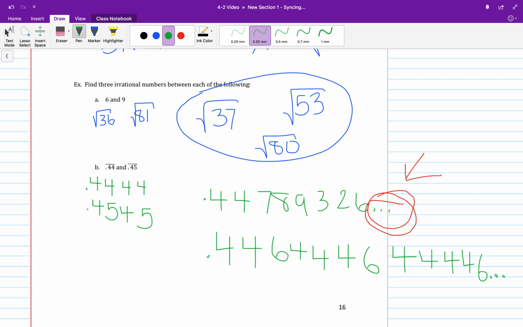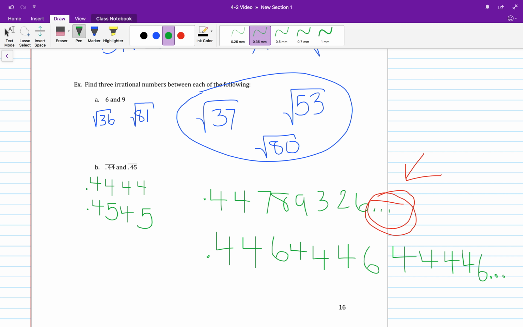Now, this technically is an irrational number. You might say, but it looks like a pattern, just like the things that are underneath my repeating bar right here. But I can't repeat this. If it's 4, 4, there's no 6. If it's 4, 4, 6, right here, this isn't 4, 4, 6. It's 4, 4, 4, 6. And if you say, well, this 4, 4, 6 is right here, well, I would have left out that one.